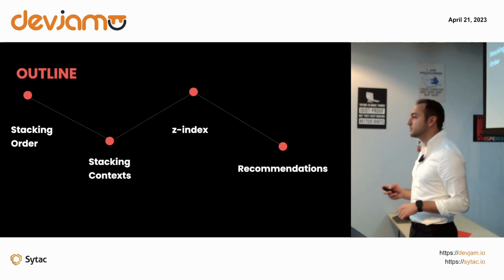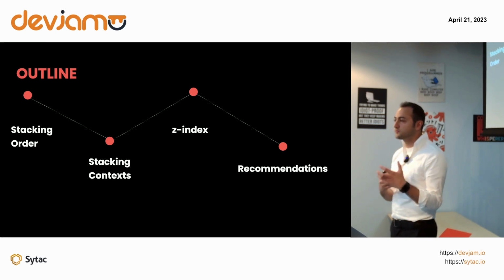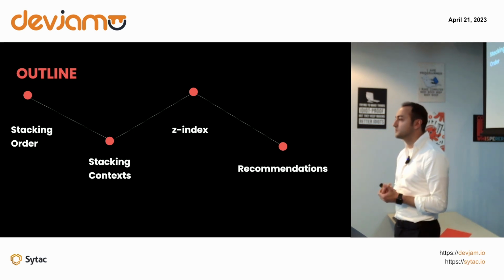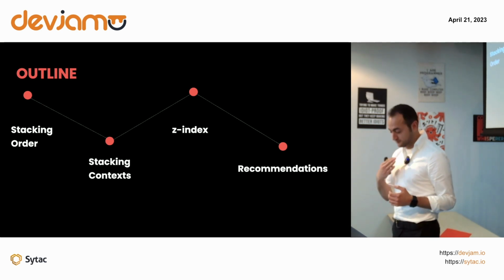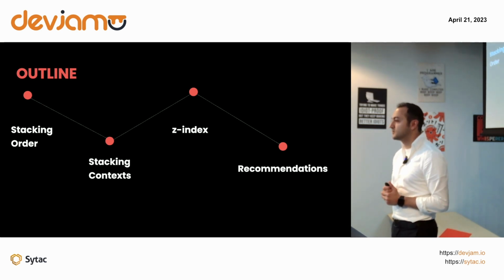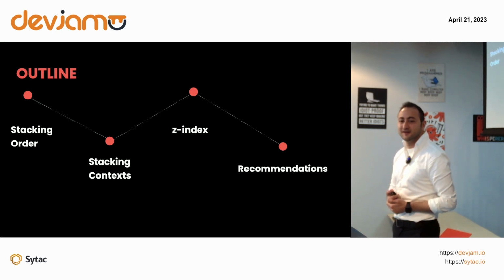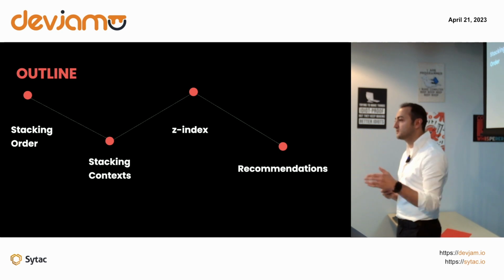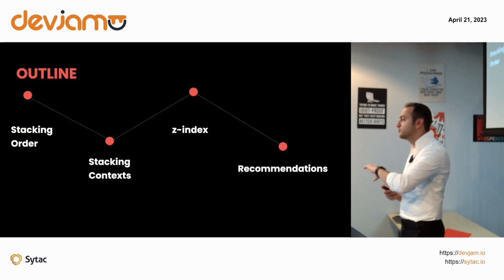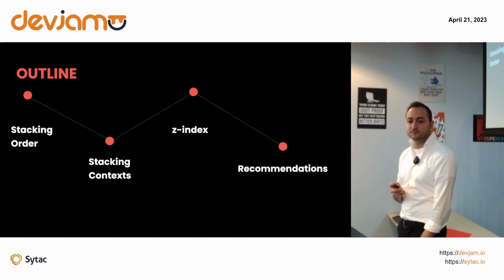And I'm going to end with recommendations because you're going to see that the concept can be very tricky, and it's really for browser engineers. I'm not a browser engineer, and we kind of don't want to really understand how it works because it's not going to be fun. So we're going to learn 80%, and then I'm going to give recommendations that help you avoid the last 20%.